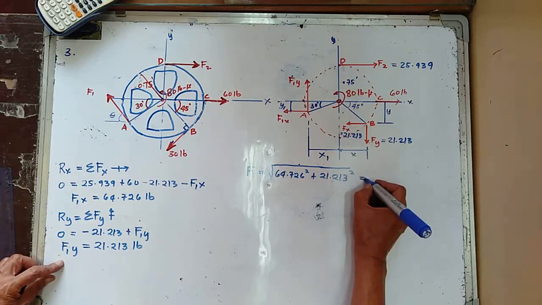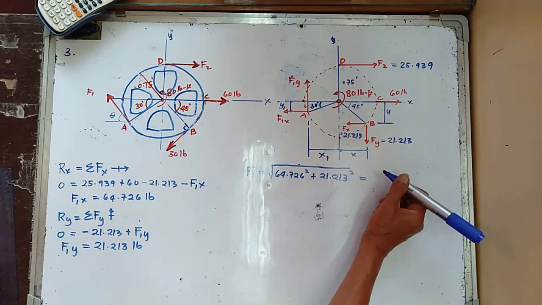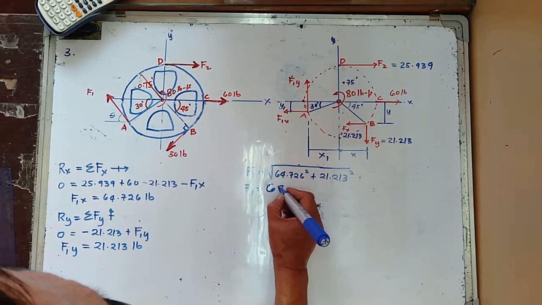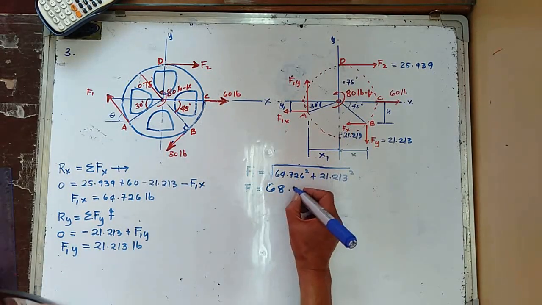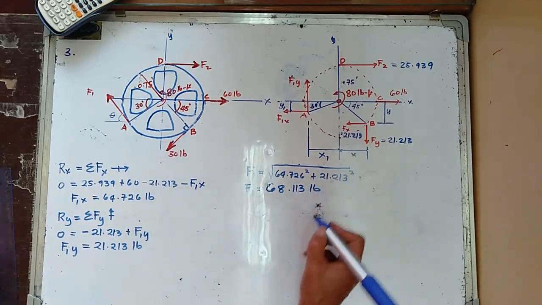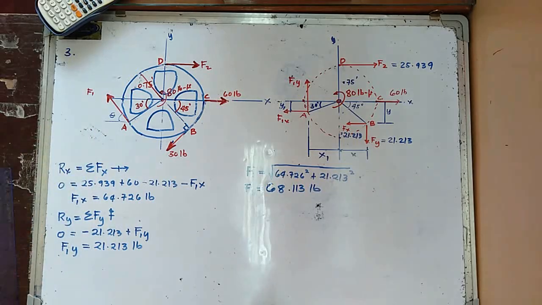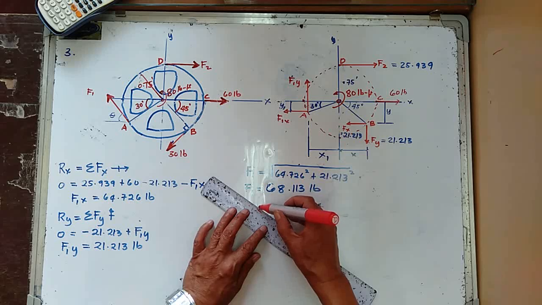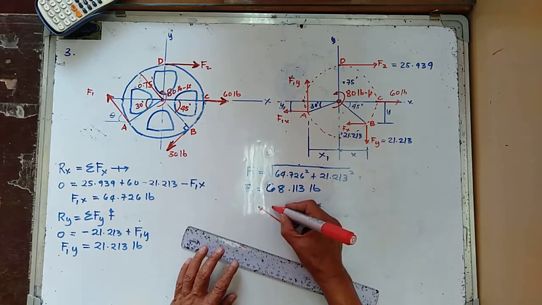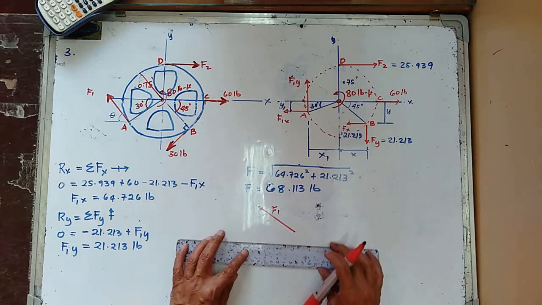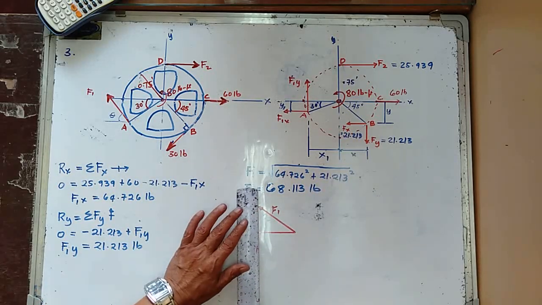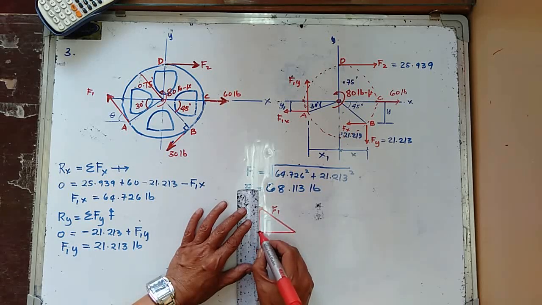So F1 is equal to 68.113 pounds. Your theta is now determined from F1, with F1x and F1y as its components.